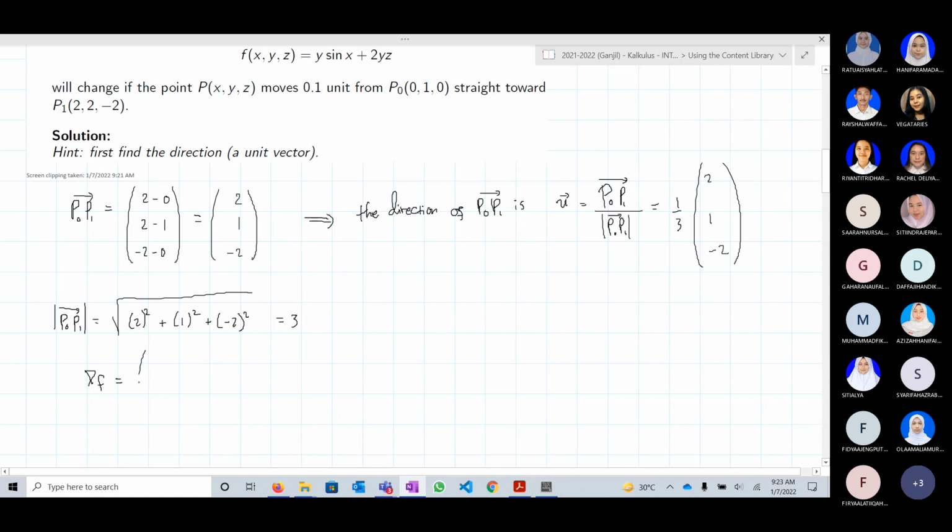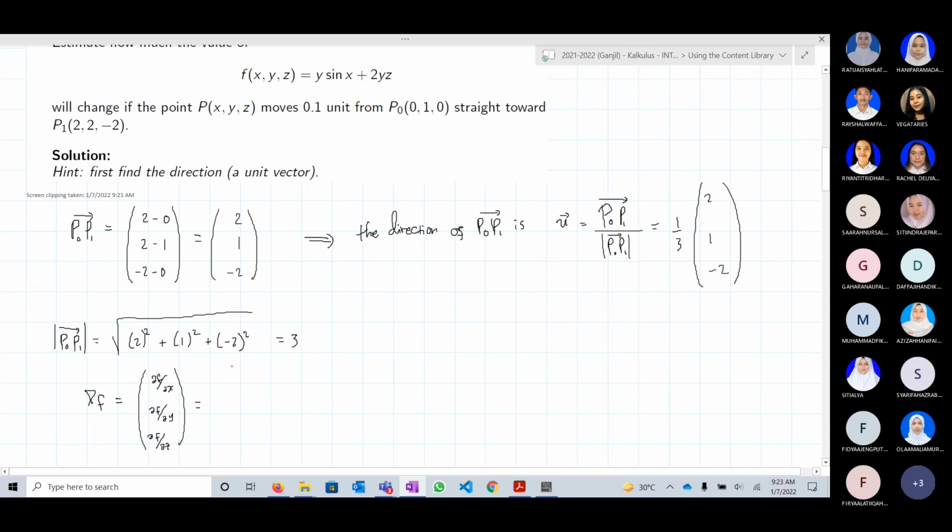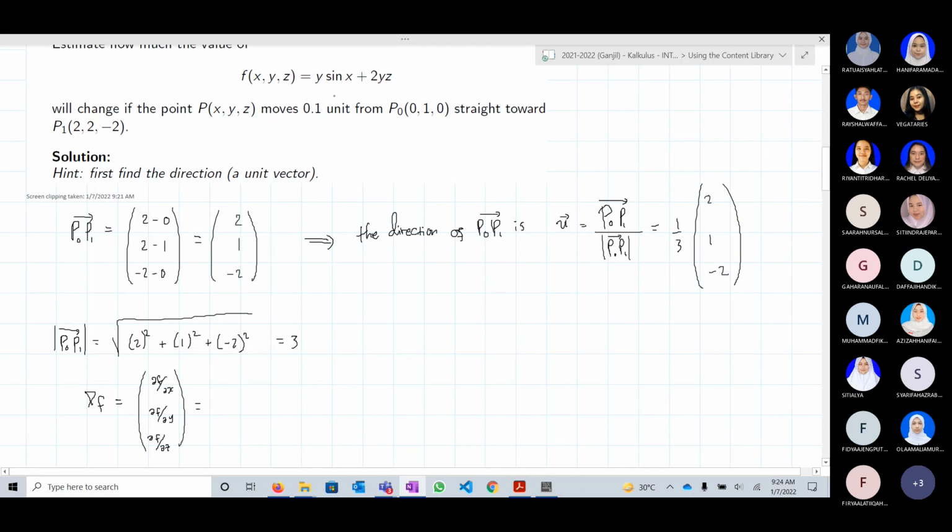Grad of f is the vector (dou f dou x, dou f dou y, dou f dou z), which is: the derivative of f with respect to x is y cos x, the derivative of f with respect to y is sine x plus 2z, and the derivative of f with respect to z is 2y.